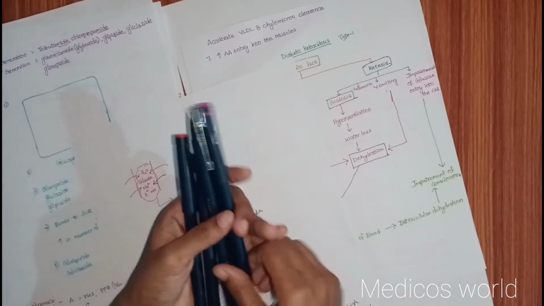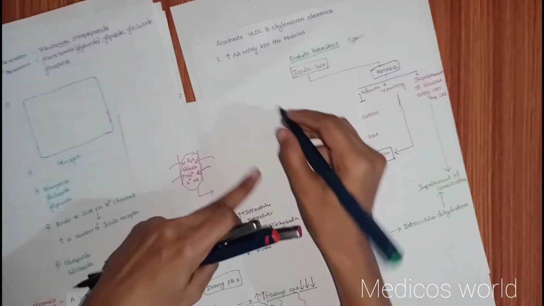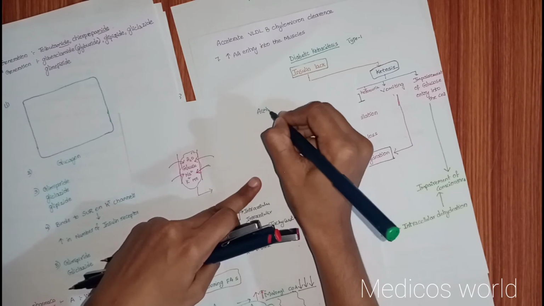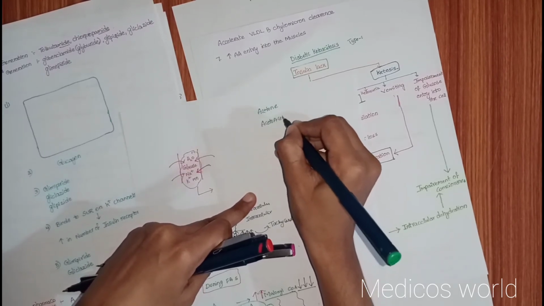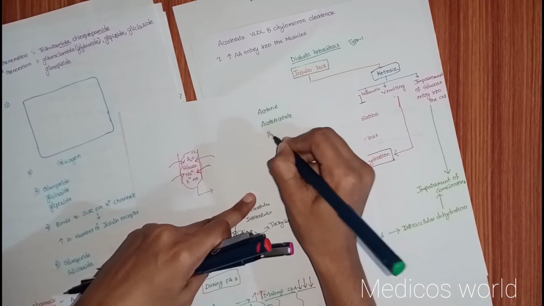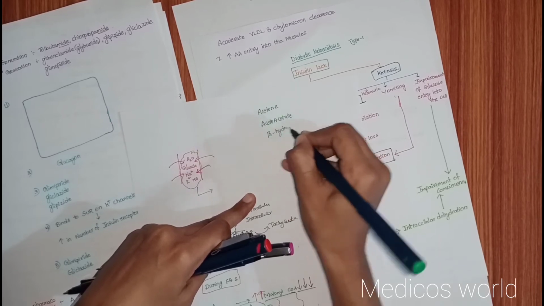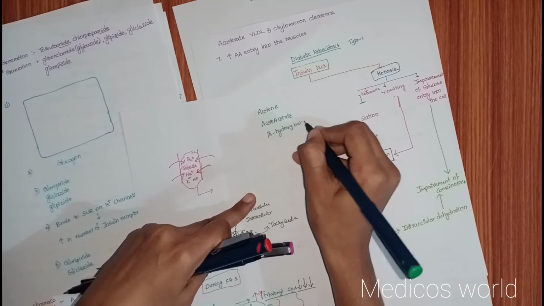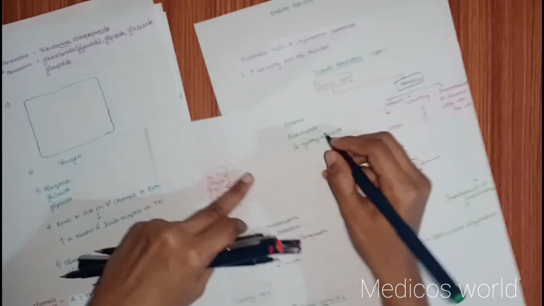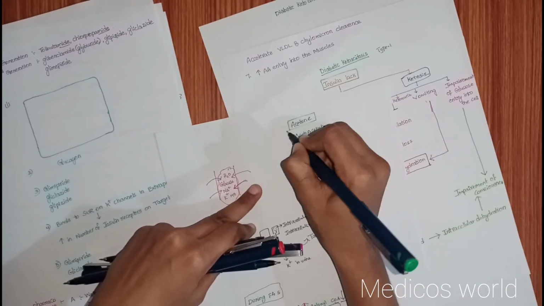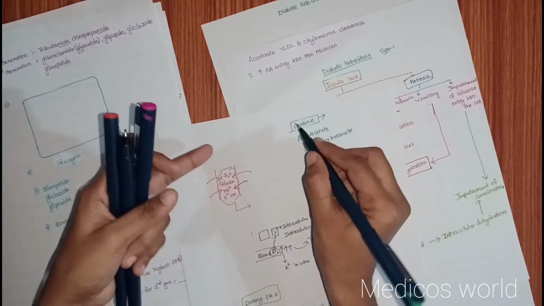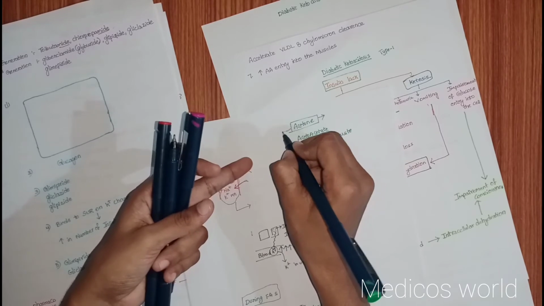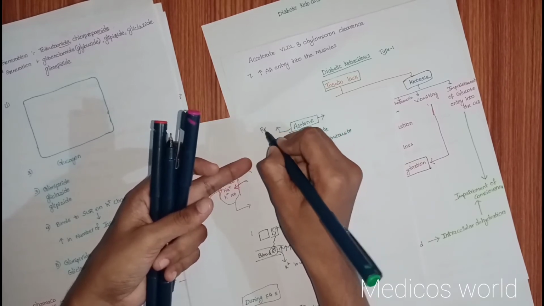What are the ketone bodies? We have 3 ketone bodies: acetone, acetoacetate, and beta hydroxybutyrate. Acetone will not yield energy. Normally it is useless. It is eliminated through respiration.